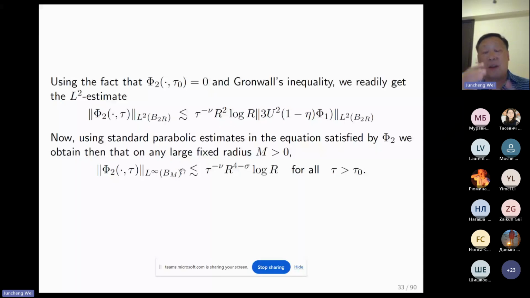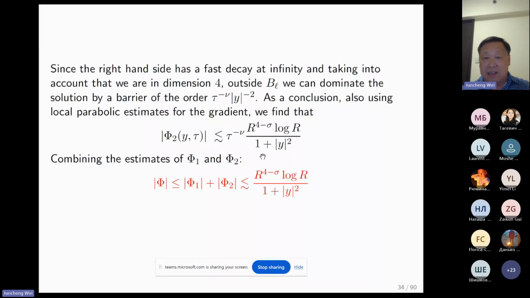Then once you have the L infinity estimate in a finite region, you can use the maximum principle far away, and that's why you get this kind of decay, because the decay for the kernel is 1 over y squared. So that's how you get this 1 plus y squared.